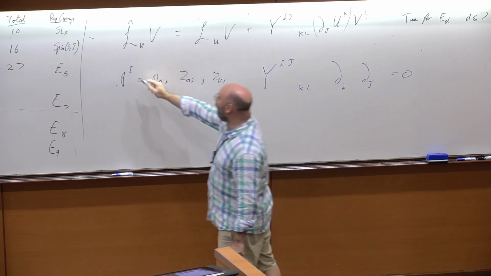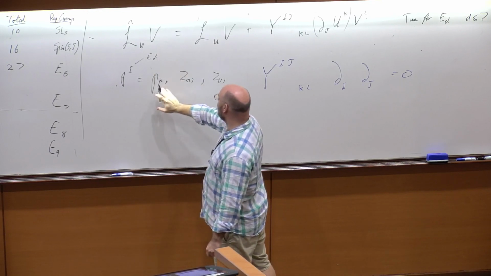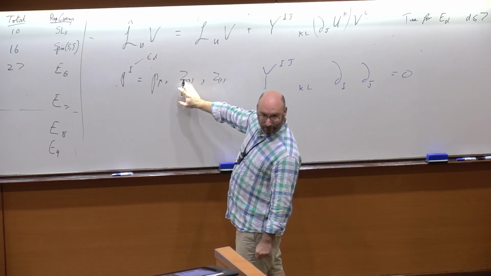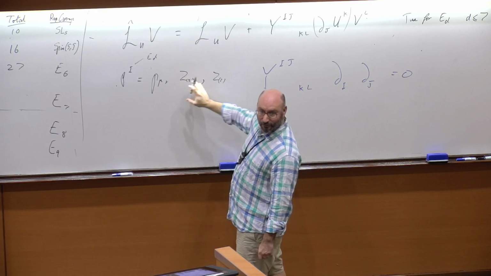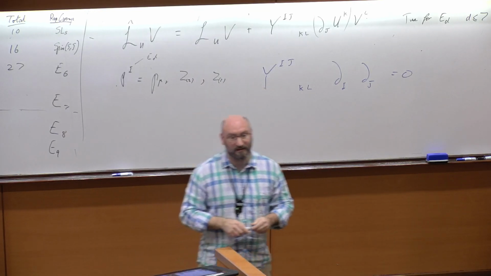When you sum over all these momenta, which is in some rep of E_D, you're summing over states with momenta and membrane central charge, five-brane central charge, and that's exactly what you do to construct the E_D invariant forms.